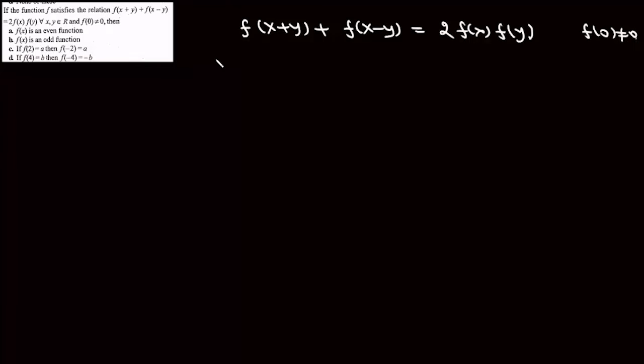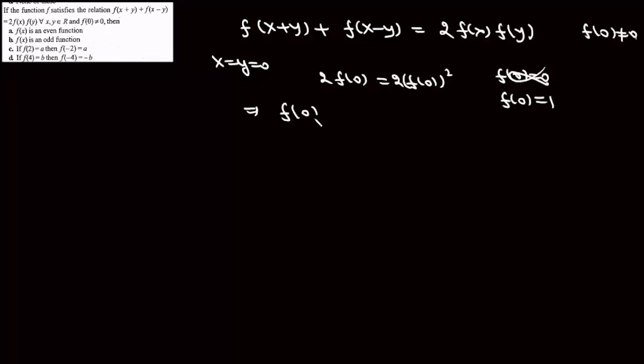Now first we'll find the value of f(0). If we put x and y both as 0, we'll get 2f(0) equals 2f(0) square. So from here either f(0) will be 0 or f(0) is 1. But in the question it says f(0) is unequal to 0. So here we'll have this result that value of f(0) is 1.